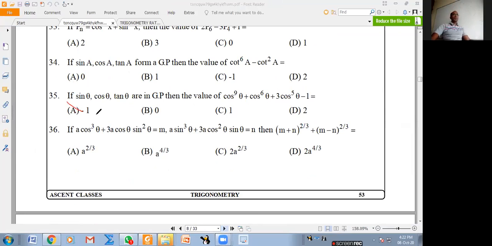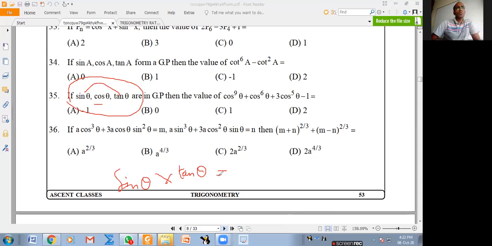They gave in 35 that sin theta, cos theta, tan theta are in geometric progression. If they are in geometric progression, first number into third number is the square of the middle number. So I can write sin theta into tan theta equal to the square of the middle number, which is cos square theta.